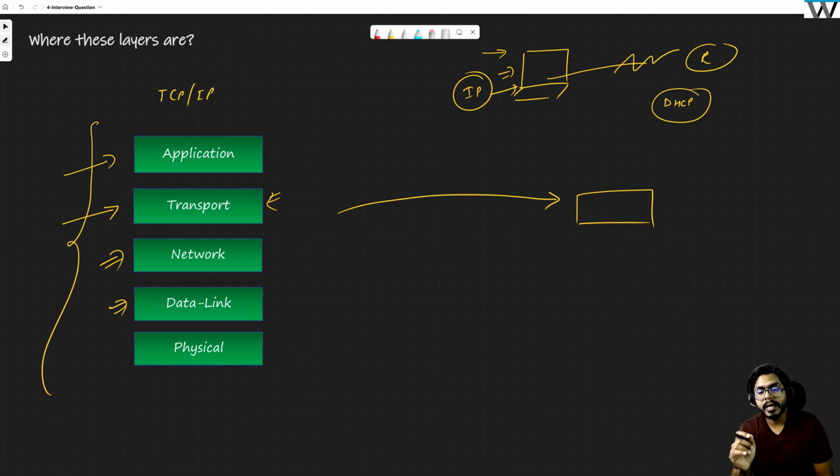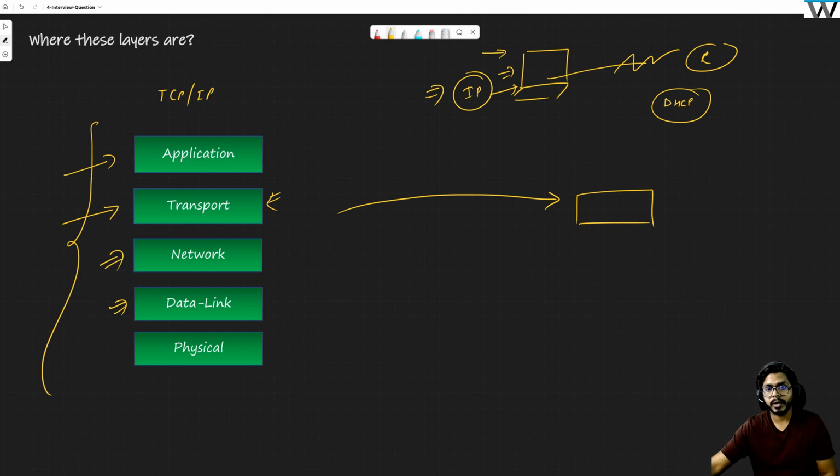Your laptop gets the IP address from the router automatically using this protocol. A protocol is nothing but some rules through which your laptop gets the IP address from the router. But if you want to configure the IP address manually, you can also do that.